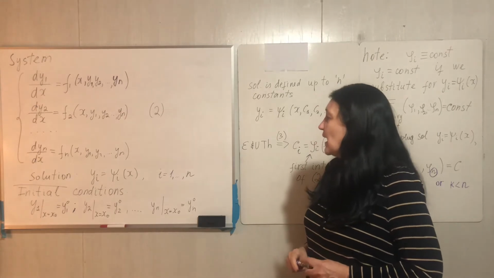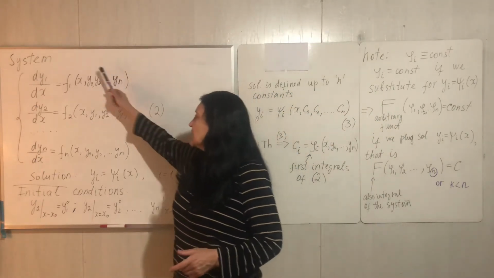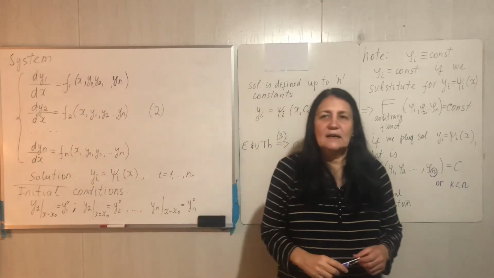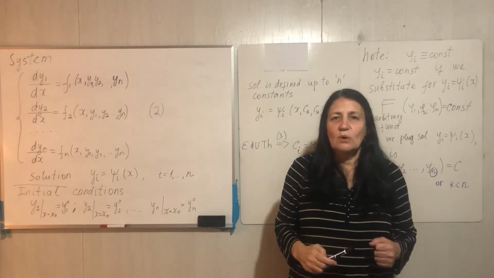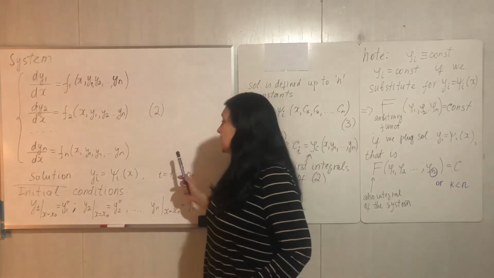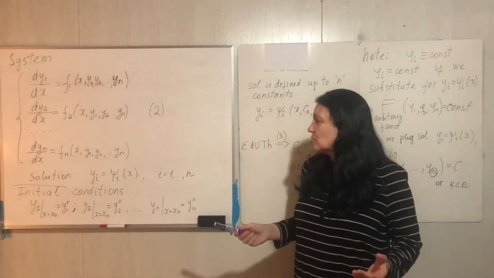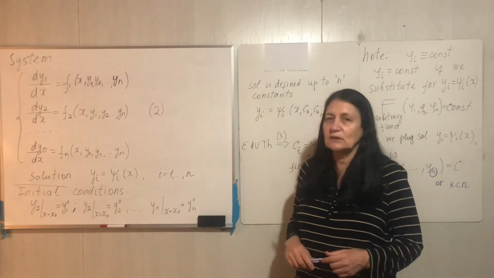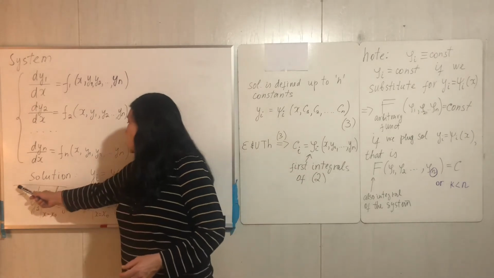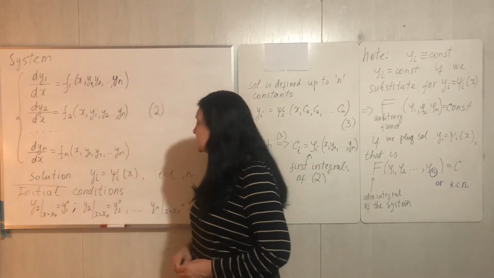And you probably remember from the course of ODE that a system of n first order ODEs is equivalent to one nth order ODE, and that the general solution depends on n constants. To find these constants, we can add initial conditions.